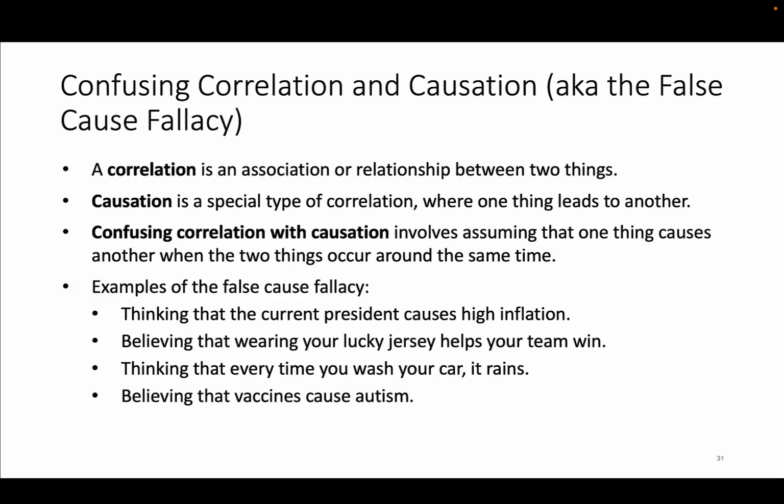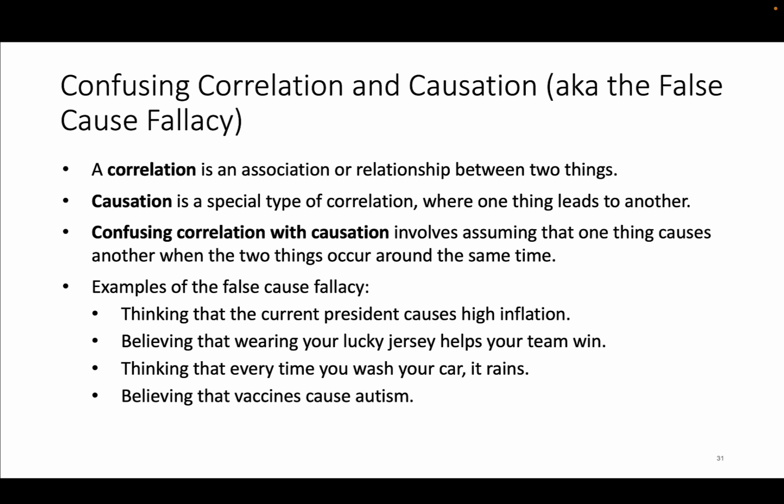Okay, let's move on to confusing correlation and causation, also known as the false cause fallacy. A correlation is an association or relationship between two things. Causation is a special type of correlation where one thing leads to another. Confusing correlation with causation involves assuming that one thing causes another when the two things occur around the same time.